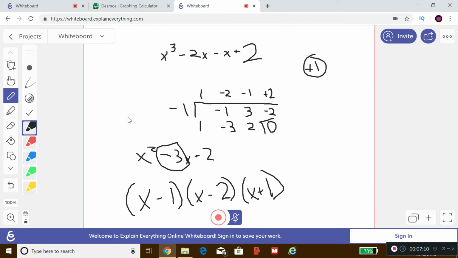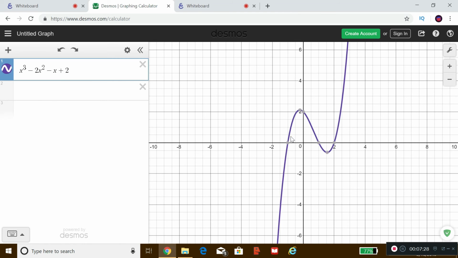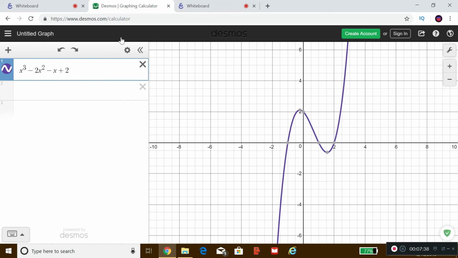Okay, so forget about all this other stuff. This is our factorization, right? So we should see zeros at 1, 2, and minus 1. Come over here, I graphed this for us, and we see minus 1, 1, and 2. Minus 1, 1, and 2. So we successfully found all of the zeros of this using the rational roots theorem.